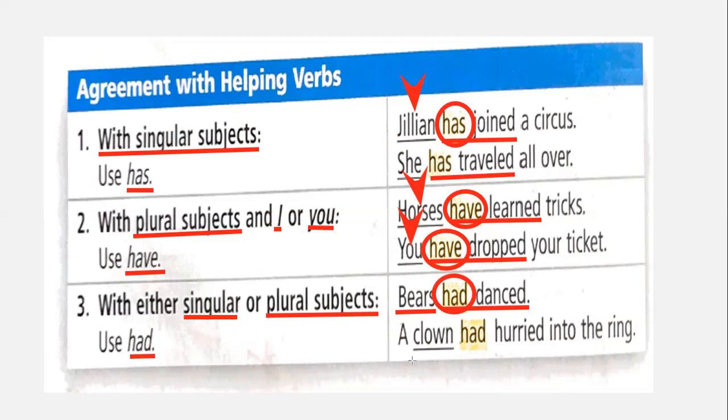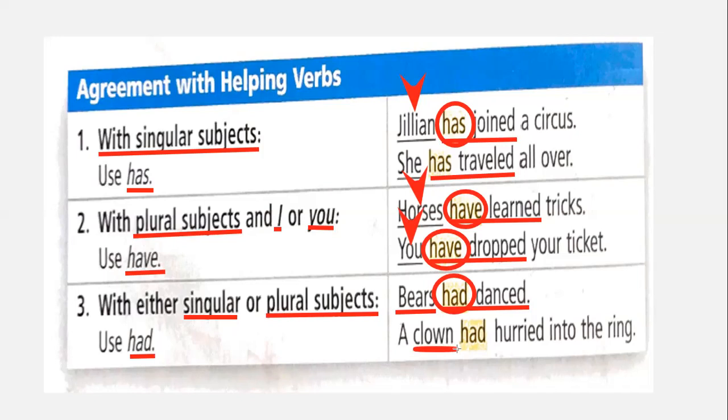Let's look at the second example. A clown had hurried into the ring. Who or what is the sentence about? Who had hurried into the ring? A clown. Clown is the subject. And when you look at it, clown, is it singular? Is it just talking about one? Or is it plural where it's talking about more than one clown?